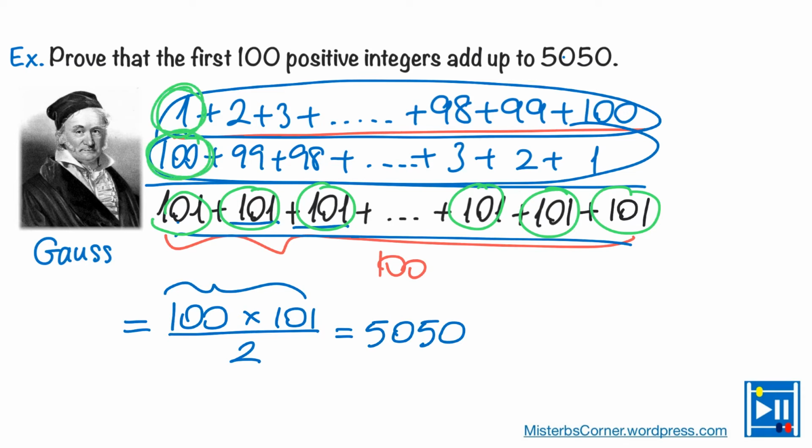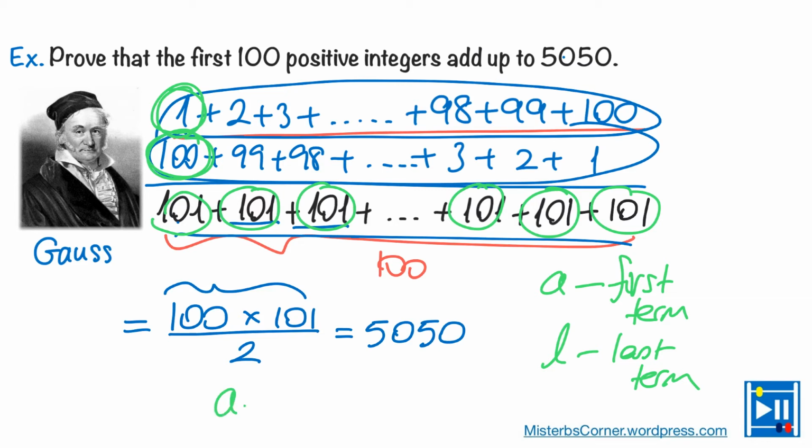So remember from the previous video that the first term is a, and let's say this is the last term, l, right? So I can write a plus l for 101 here, all right? And then look at here, it's 100 divided by 2. 100 here is the number of terms, so it's n, right?